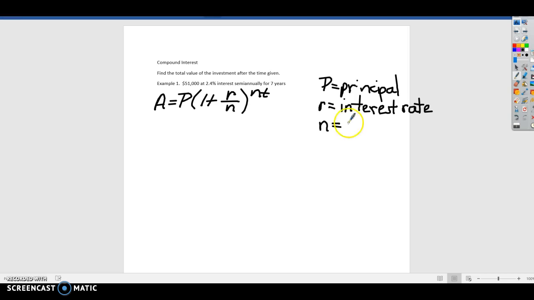N is the number of terms, so you can think of that as the number of times it occurs in a year.